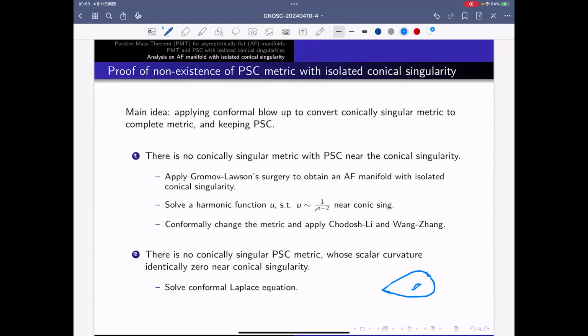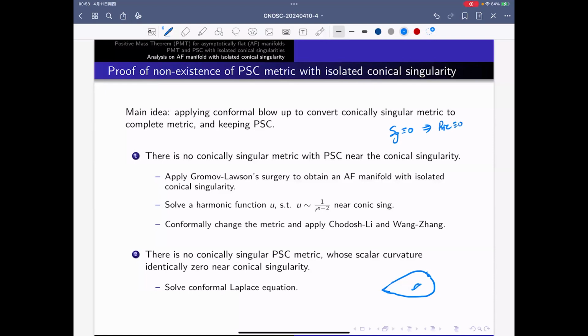Okay, and for the rigidity, I think the basic idea is the same as the classic case. We assume that the scalar curvature is zero. First we will get that the Ricci curvature will be zero.